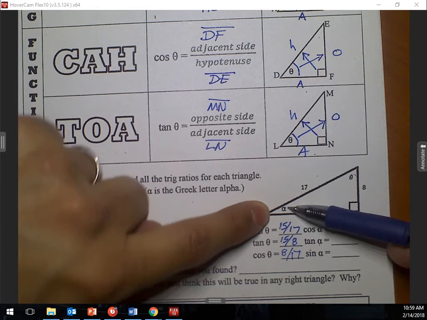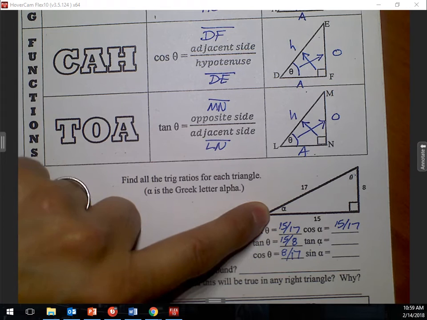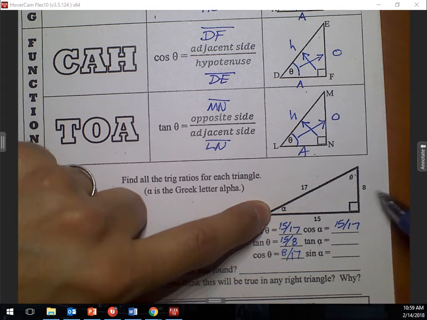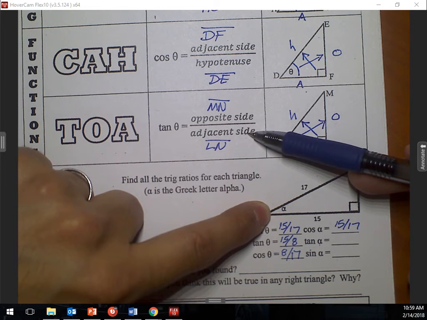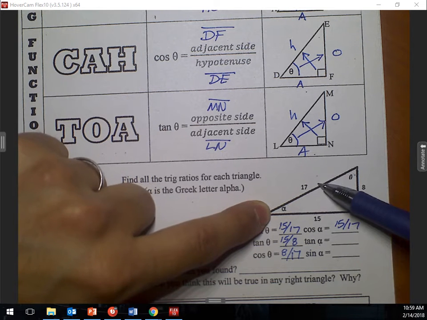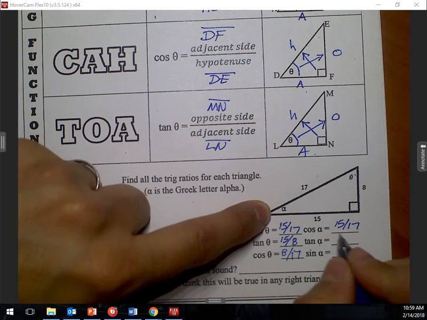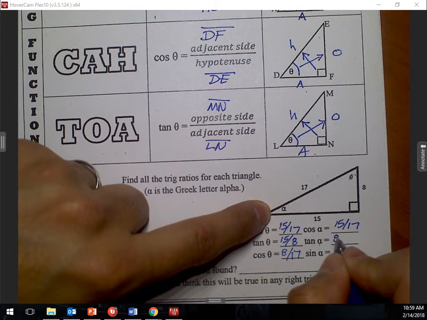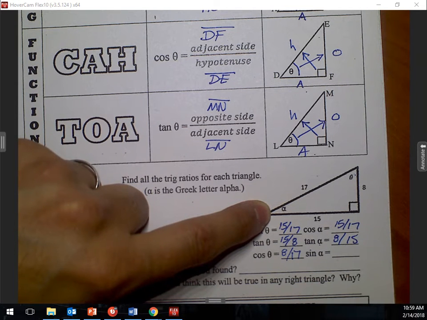Tangent of alpha, tangent is opposite over adjacent. 8 over 15, right? Because 17 is my hypotenuse.